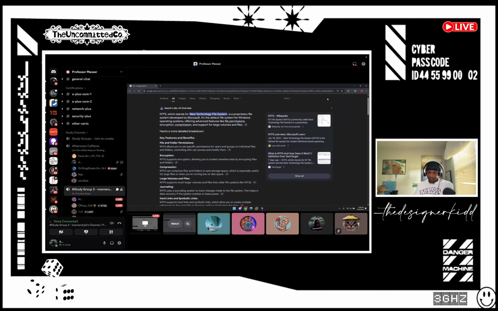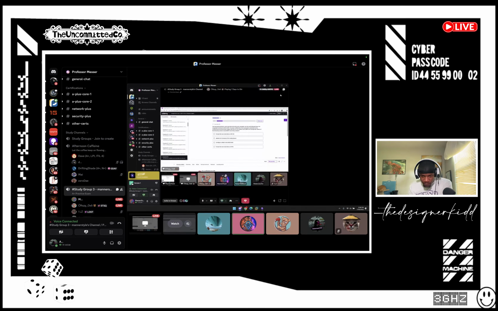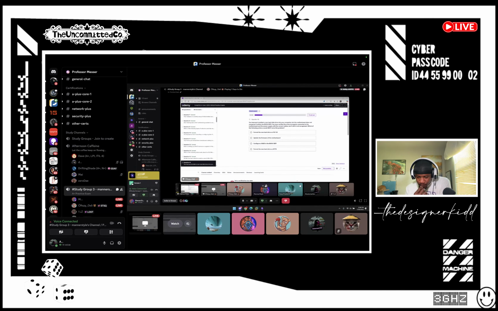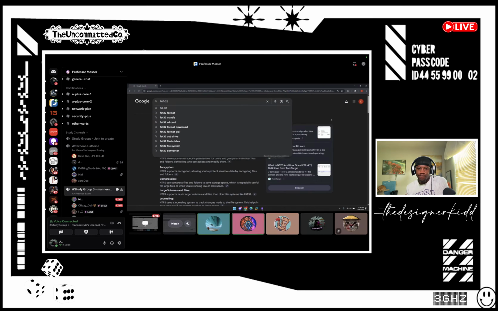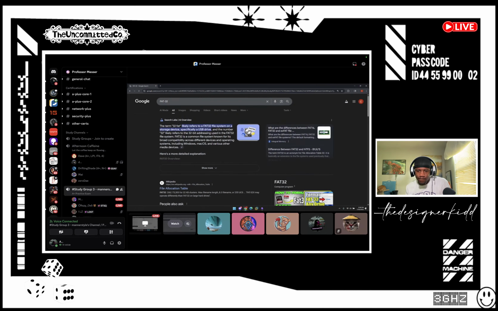Is it the first one? Oh, what's FAT32? I just don't know what that is, but I'm thinking, since it's a new drive, you have to... FAT32 refers to a file system on a storage device. Well, I'm gonna put FAT32.